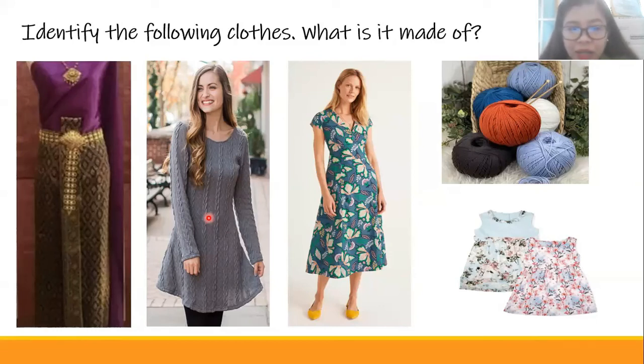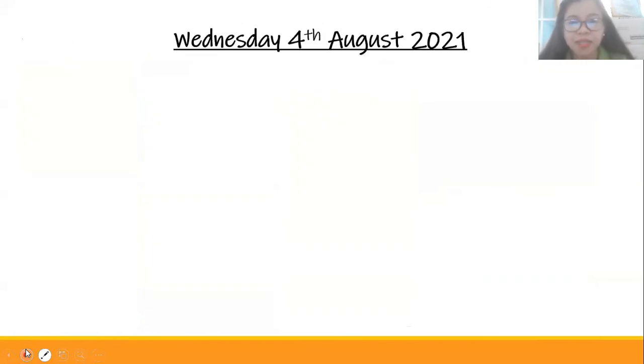So please get your notebook. Write the date today. Today is Wednesday, 4th of August, 2021. No questions, right? You may raise your hand if you have clarifications. You can review by reading your textbooks, page 32 to 47. Everything is there.